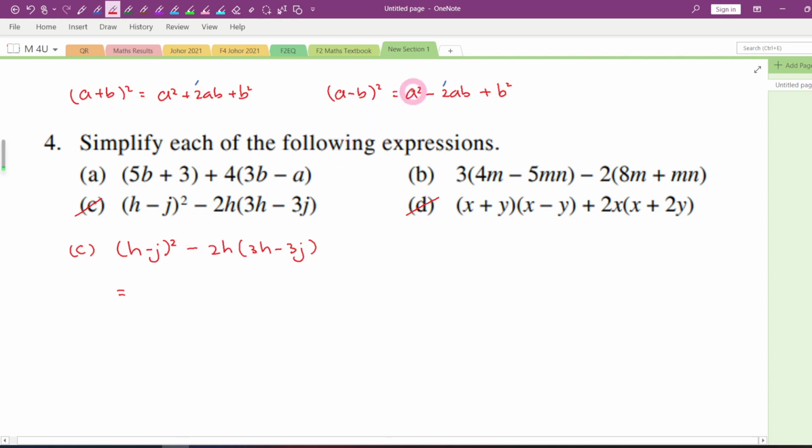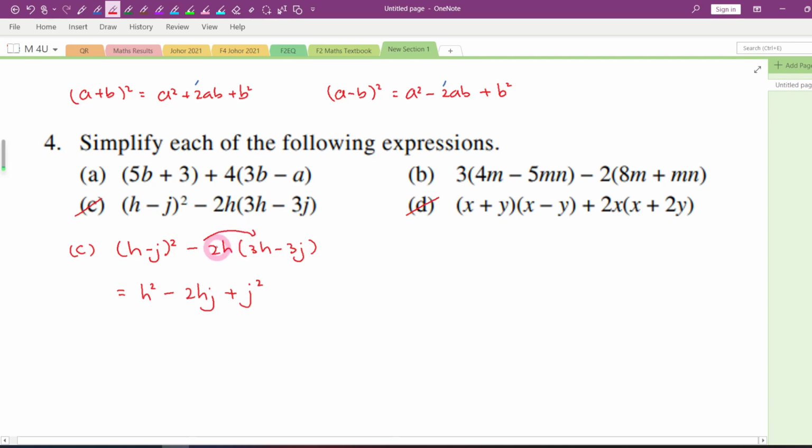So I would encourage you to remember these two formulae. Now h squared minus this times 2, because 2ab, right? So 2hj. At the back here, you don't have to think too much. Always positive. j squared. Okay, now I'm going to do the expansion for this part, including the negative sign. Okay, when we do expansion like this, right?